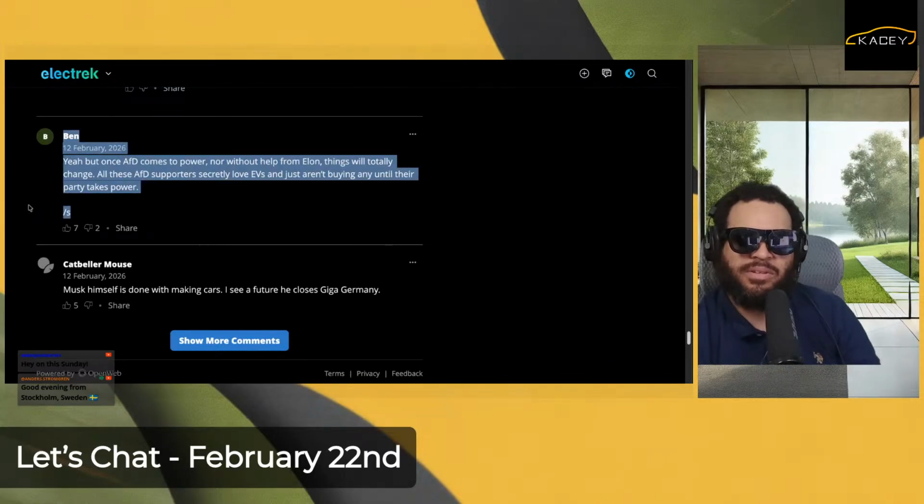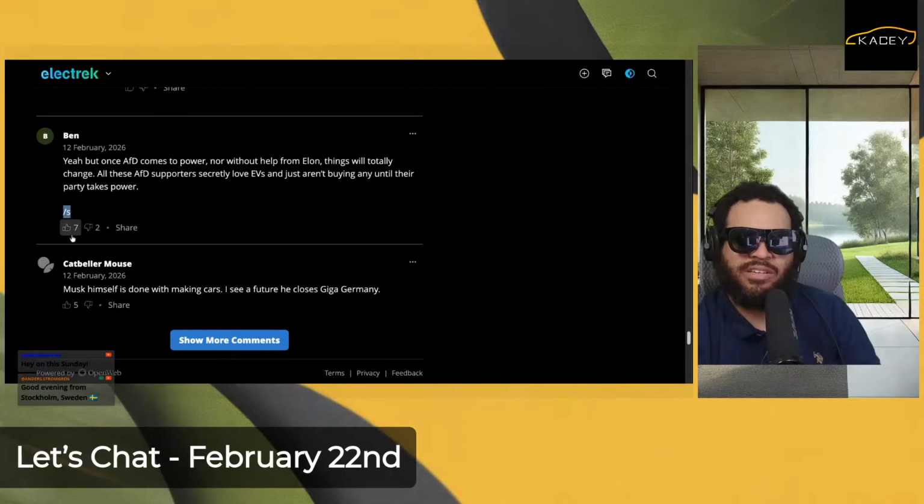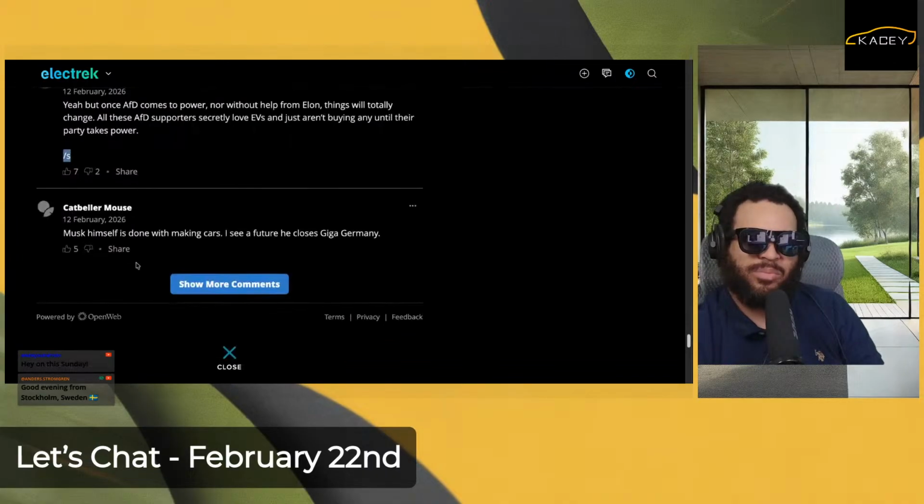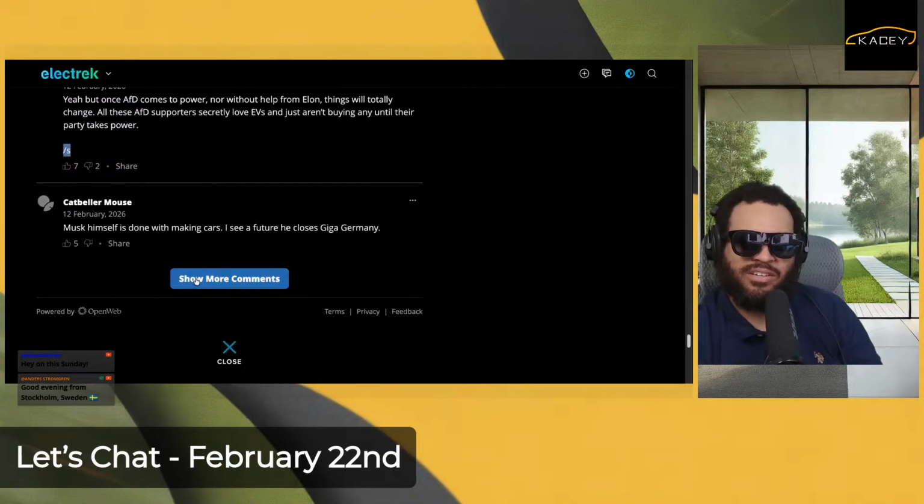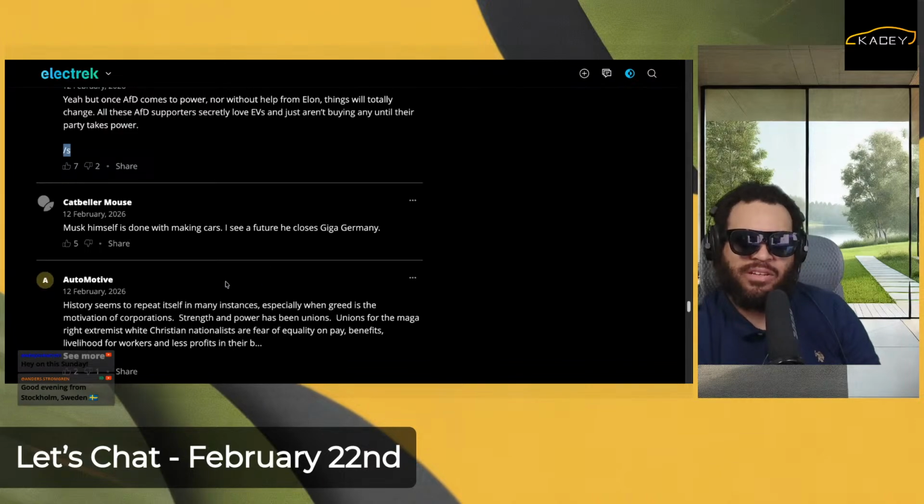Okay, I thought they were running anti-Tesla billboards, or anti-EV billboards at least. Musk himself is done with making cars. It's a feature where he closes Giga Germany. I could see that, but only if they were going to put all their robotaxis from China.